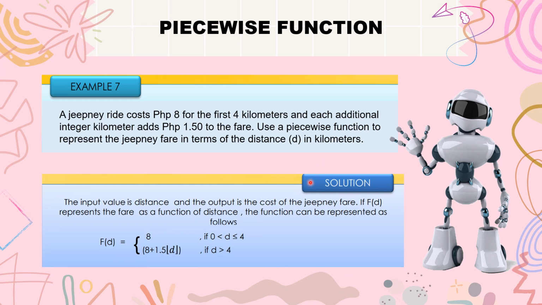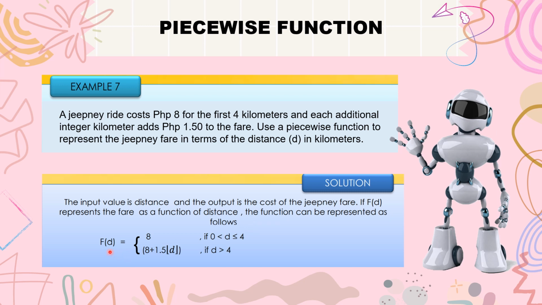For the solution, the input value is distance, and the output is the cost of the jeepney fare. If f of d represents the fare as a function of distance, the function can be represented as follows.